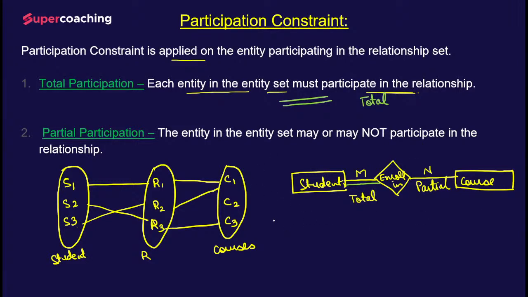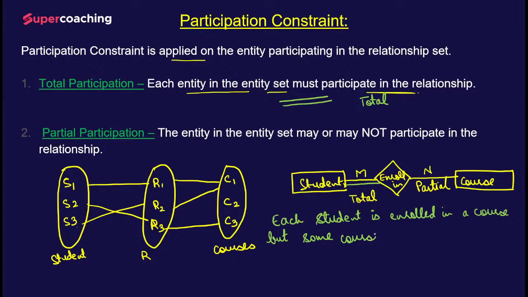So this ER model is representing that each student is enrolled in a course, but some courses are not enrolled by any student.